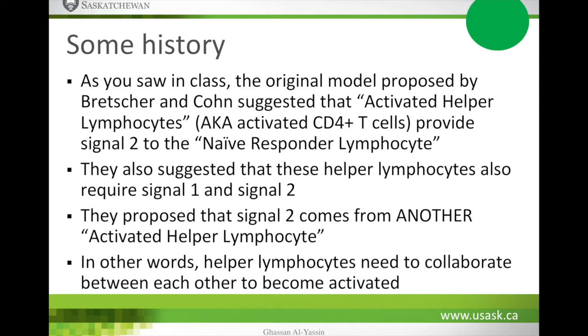They said that the helper lymphocyte also requires two signals for its activation, and that signal 2, in this case, also comes from another helper lymphocyte. In other words, they said that helper lymphocytes must cooperate or communicate with each other before they can become activated.